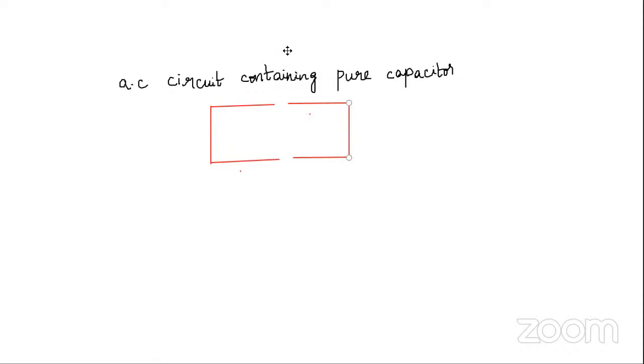So I will be representing that capacitor like this. And of course, you all know very well the symbol for capacitor. Just two lines. And the AC signal is represented by this symbol. So this is capacitor represented by the letter C.